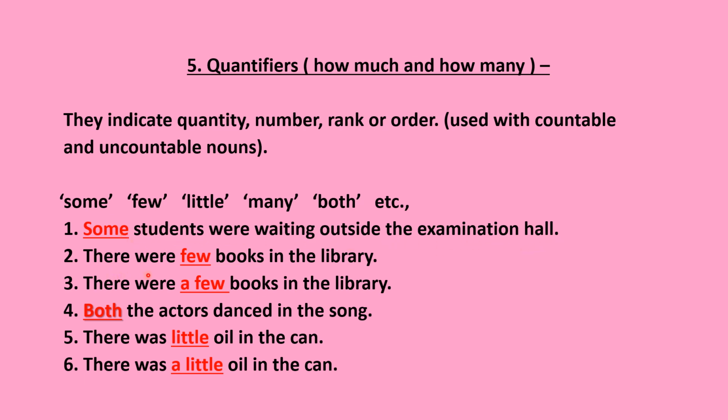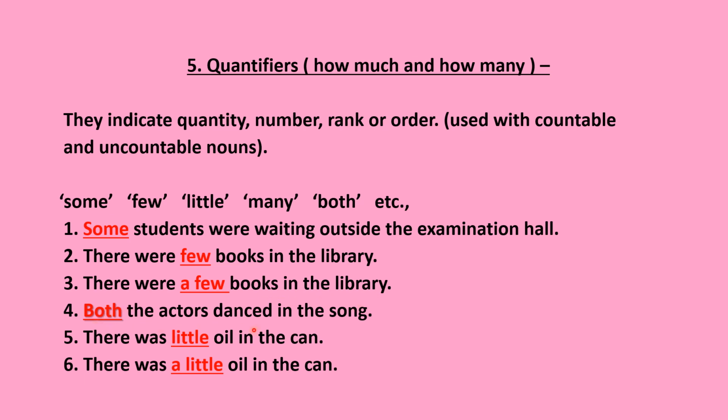Countable nouns. There were few books in the library. There were a few books in the library. I think you know the difference between few and a few. Few has a negative meaning: there are hardly any books in the library. A few has a positive meaning: that means there are some books in the library.